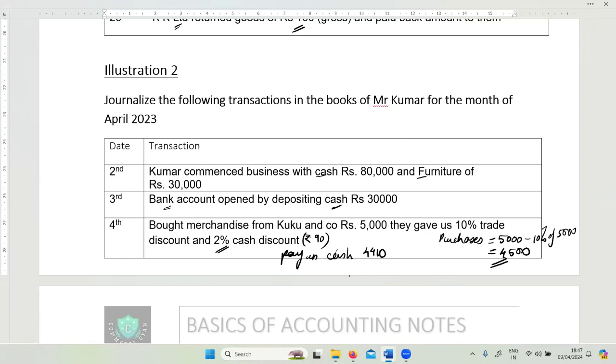So if we say 2% cash discount, basically it should be 4,500 into 2%, which is 90 rupees of discount. And when this discount is subtracted from the amount of 4,500, we get 4,410, which is basically the amount to be paid to Cuckoo and Company. So let's write the transaction in the journal now.